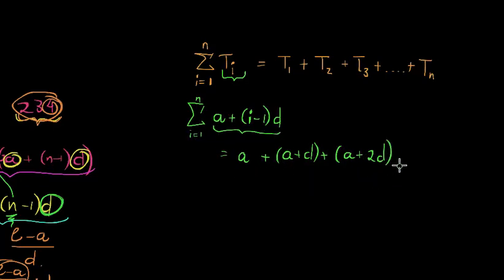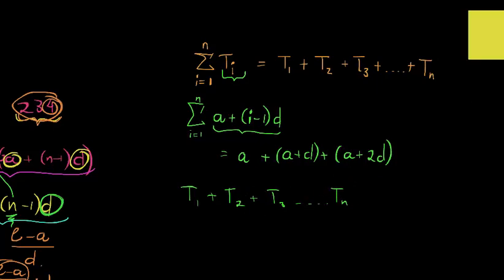Do you see? So now if they ask me to write a certain series, they give me a series. Again, term 1, term 2, term 3, all of these terms are given, and term n is given. And they ask me to write it in sigma notation, then it's easy. I just know, well, this is an arithmetic series, so I must write a plus i minus 1 times d.